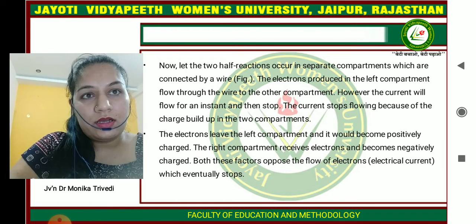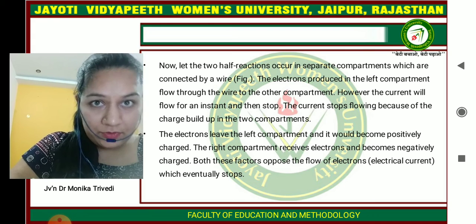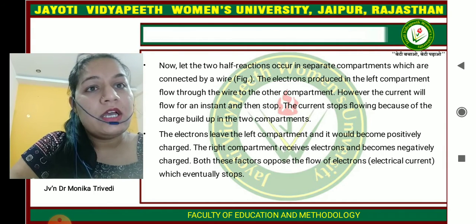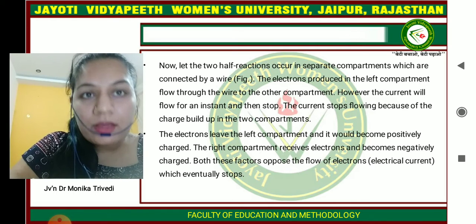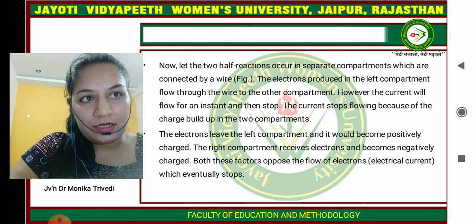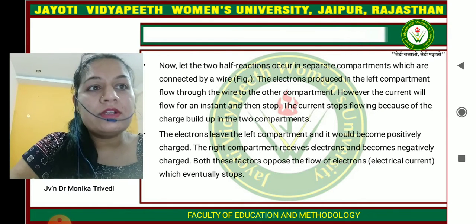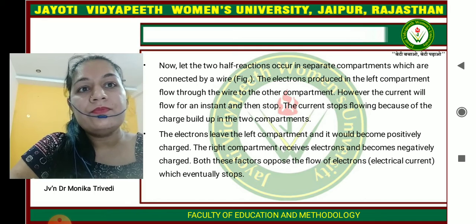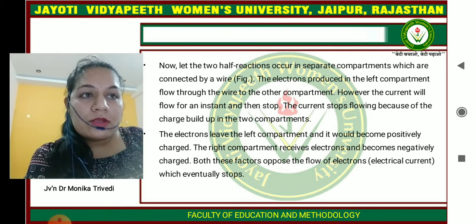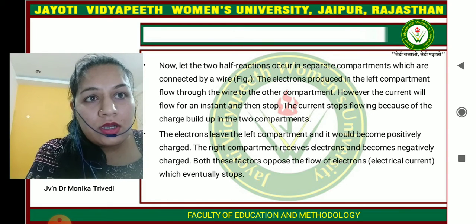Now let the two half reactions occur in separate chambers, which you can see in another figure. When we compare both figures, they are connected via wire. The electrons produced in the left compartment flow through the wire to the other compartment. However, the current will flow for an instant and then stop. The current stops flowing because of the charge buildup in the two compartments.